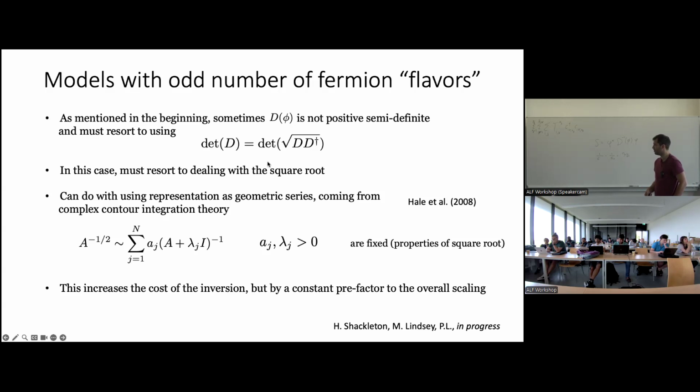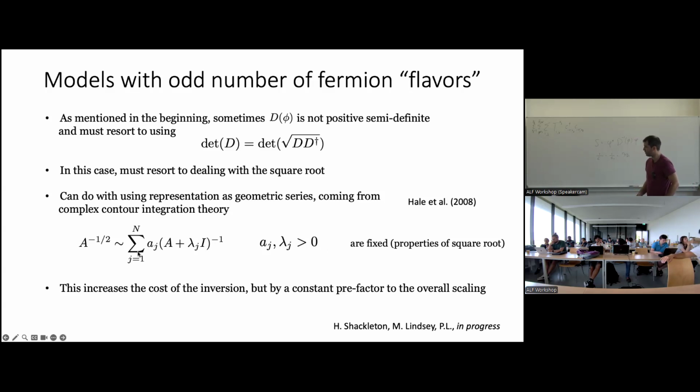So you have to bite the bullet, and one way to do this is using the representation of the inverse square root function as a geometric series, which comes from some complex contour integration theory. There's some paper, for example, that works this out in 2008. It's some math paper.